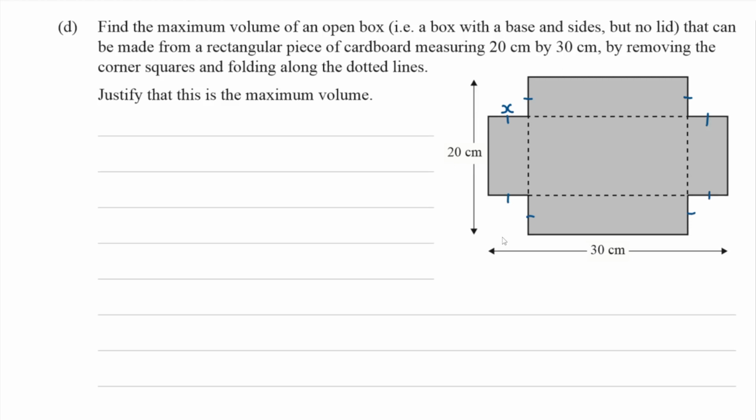Now we're looking for a volume, so we can express the volume in terms of this variable x. Alright, so let's have a think. So this length here is 20 minus 2x.